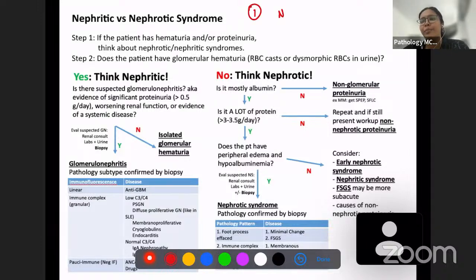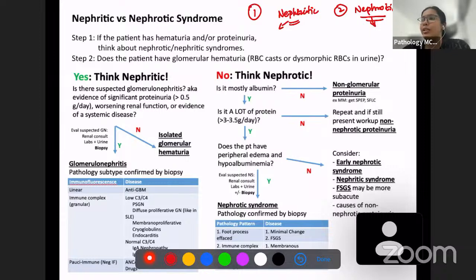You're being given a case, and to answer that case, you have to first know: is this nephritic or is this nephrotic? Okay. So if this confusion is cleared, then you can solve most of the cases, because a few conditions come under nephritic and a few conditions come under nephrotic.